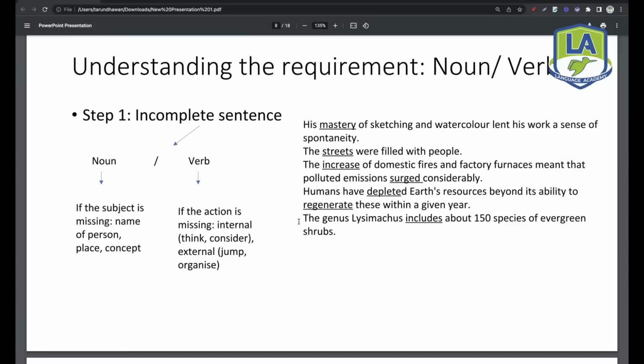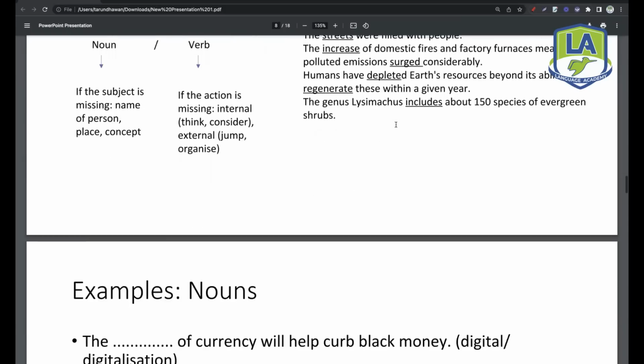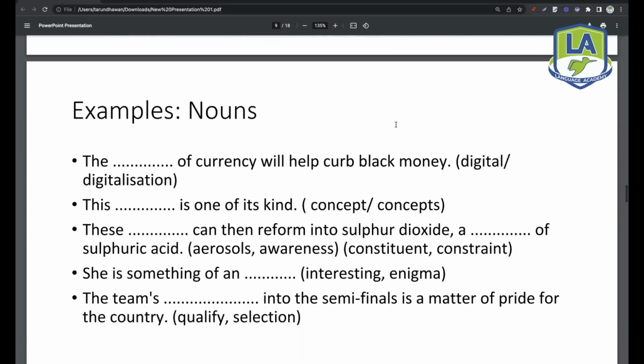What are verbs? Now, verbs are actions. Anything which conveys an action is a verb. Let's look at the sentences once again. His dash of sketching. Also, there's one more hint. You can also learn this part, examples of nouns, where the blanks are to be filled with nouns only in these cases.